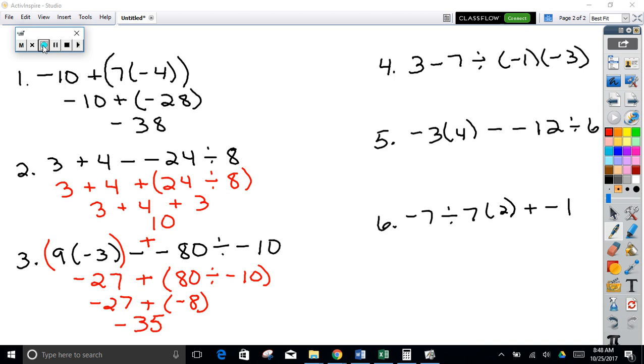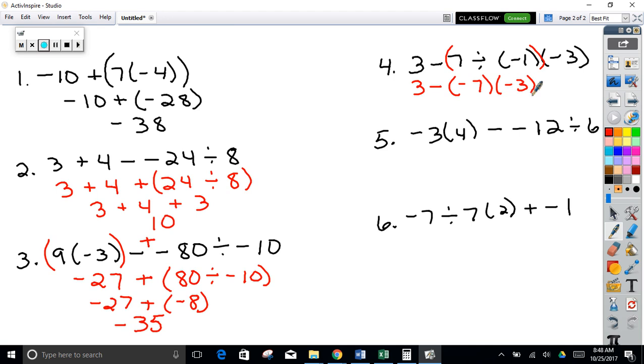Okay, so you didn't change this sign, you just brought it down? Yeah. Okay, so you did 3 minus, and then you did 7 divided by -1? You got -7. Okay, I'm okay with what you did there. And then what did you do with the -3? So I just brought it down.